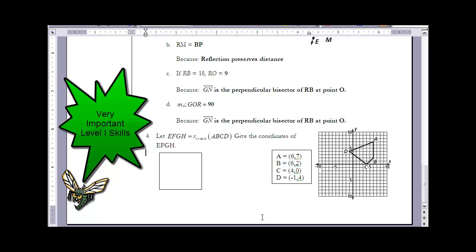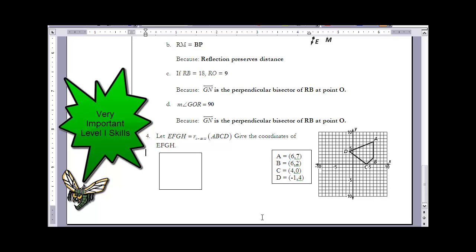Okay, the last example I'd like to look at is number 4 here. It says let EFGH equal the reflection over the x-axis of ABCD. So that means EFGH is the image of ABCD under a reflection over the x-axis. Okay. Well, we learned in section 4.1 that if I reflect over the x-axis, in general, I can take the y value and change the sign on it.